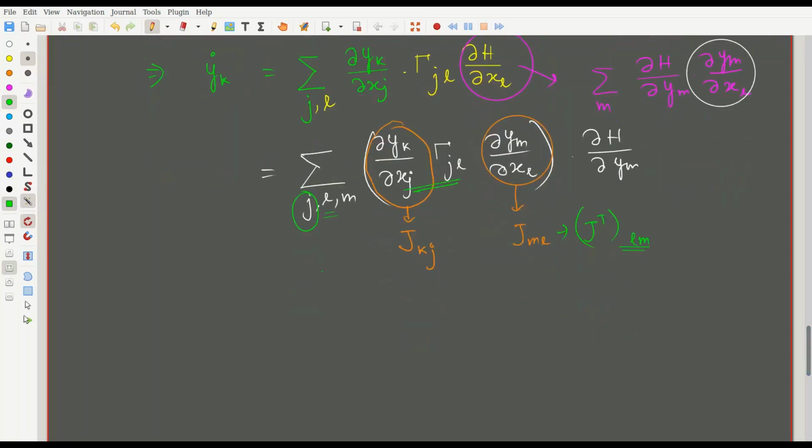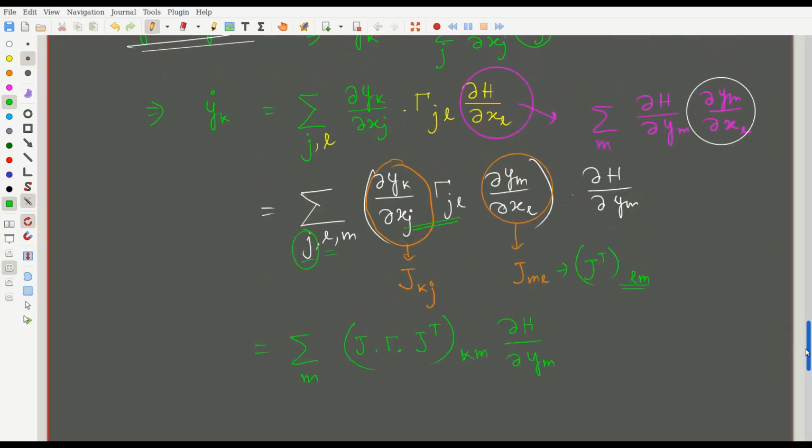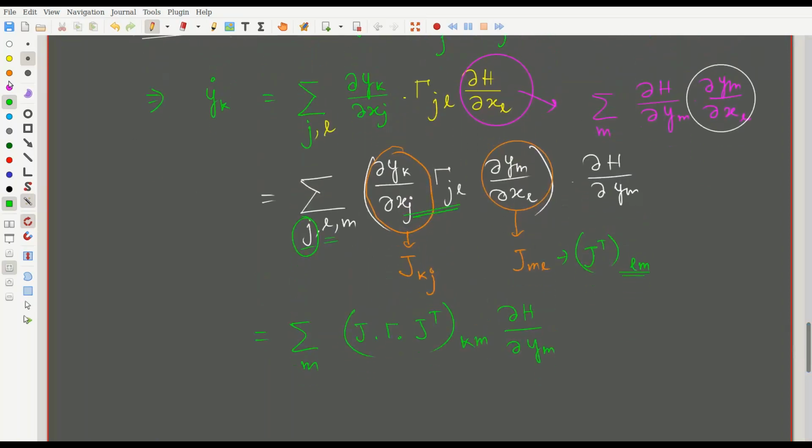So I can absorb this summation over j and l to write it as summation over m, J times gamma times J transpose, the kmth element, and this is del h del ym. Right. So I now find out that yk dot equals this times del h del ym.